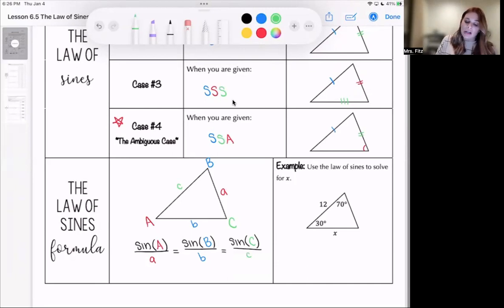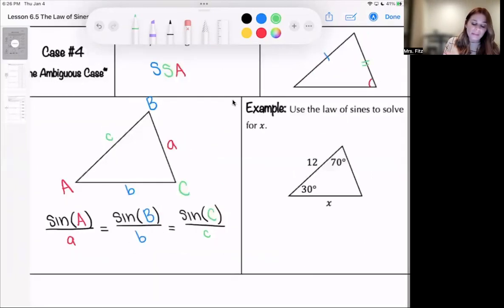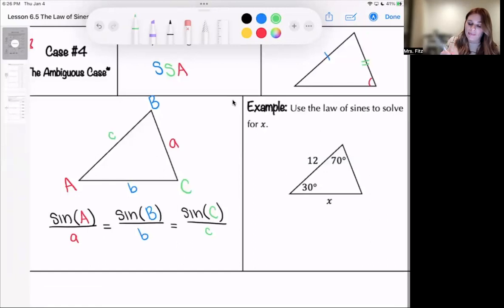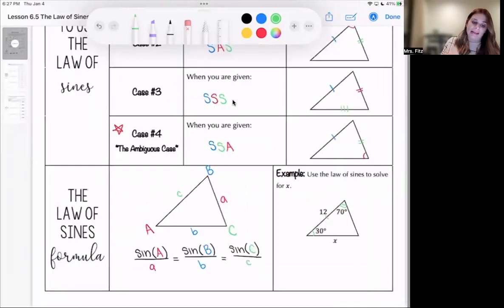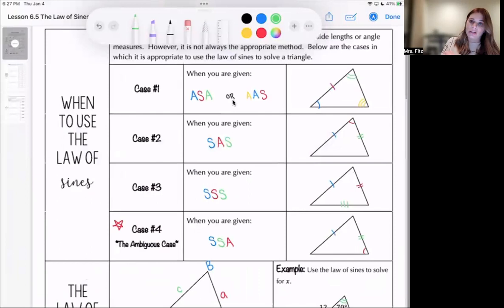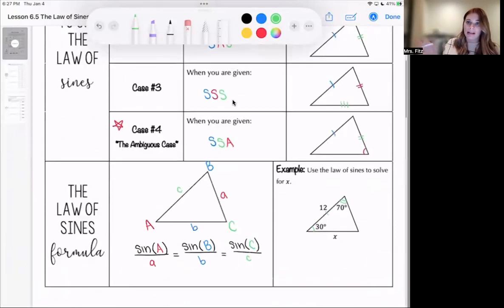Okay, so we're going to do a simple example where we use the law of sines to solve for x. Looking at this diagram, we're given an angle, side, and an angle, ASA. So this is not an ambiguous case. That's case number 1, so we're good to go. We don't have to worry about anything crazy. We can just directly use the formula and solve for x.